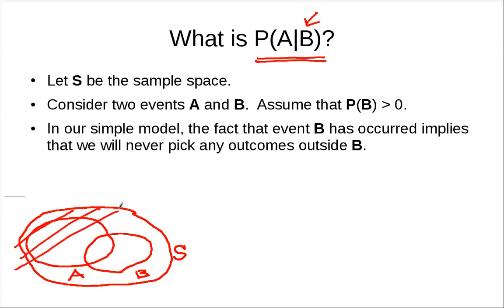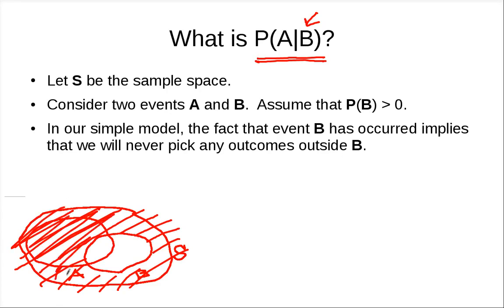So it means that all the outcomes outside set B can be ignored, right? They are not relevant because we know that B occurs. These outcomes cannot be the outcome of the experiment.